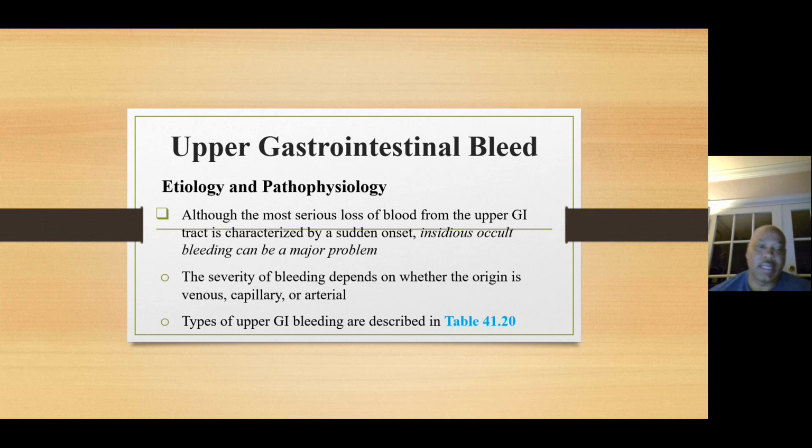Now, chronic esophagitis can be caused by GERD, also smoking, alcohol use, and the ingestion of drugs that irritate the mucosa. And the esophageal varices most often occur from cirrhosis of the liver, as I said, those with the liver conditions.